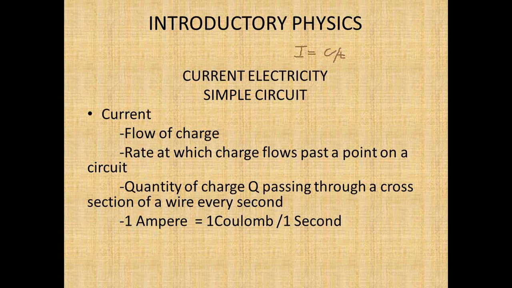But 1 amp is really 1 coulomb every second. That is the amount of charge that passes in every second, 1 coulomb. Again, the current I is equal to the quantity of charge Q per unit time. So it is charge per time. So the ampere, or the amp, is the same as coulomb per second.